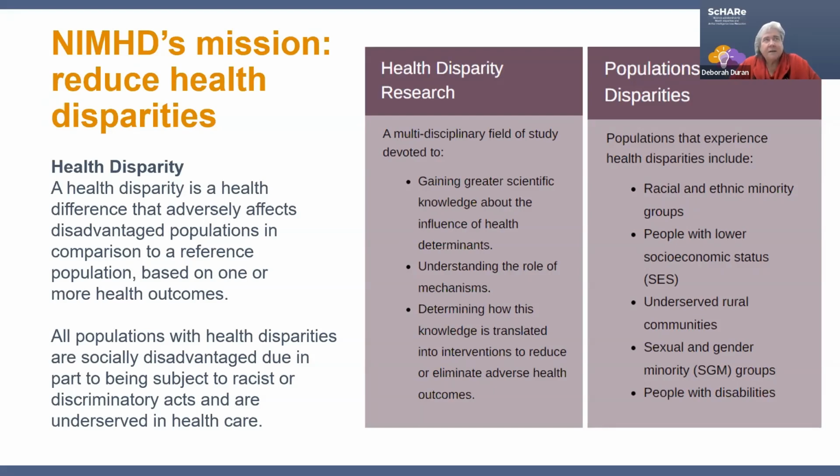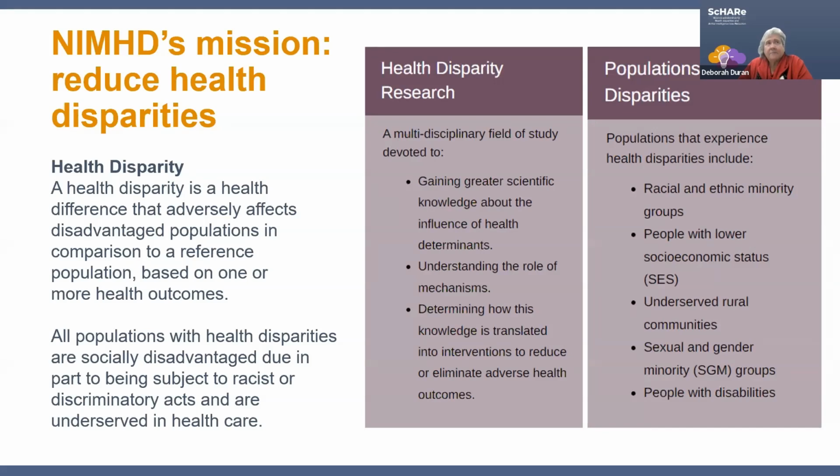If a difference is not intervenable, then it's not a health disparity. But when there are intervenable differences that cause harm to a particular group, then we're looking at it as a health disparity. The health disparity populations are also defined by a congressional mandate.